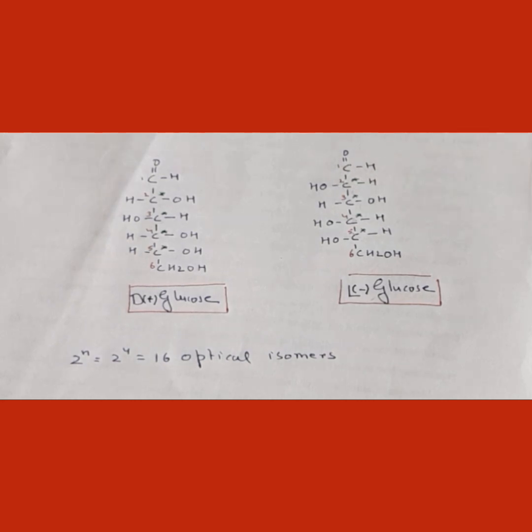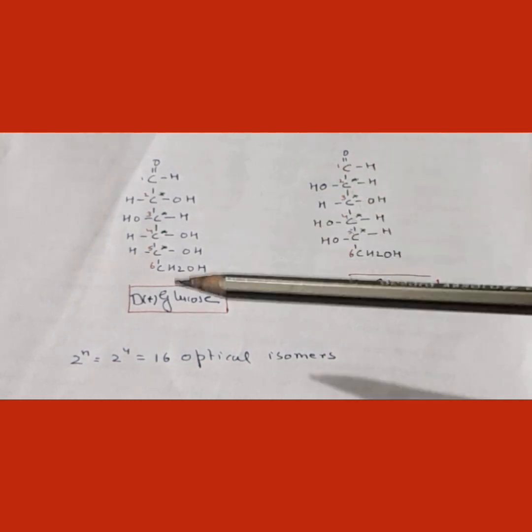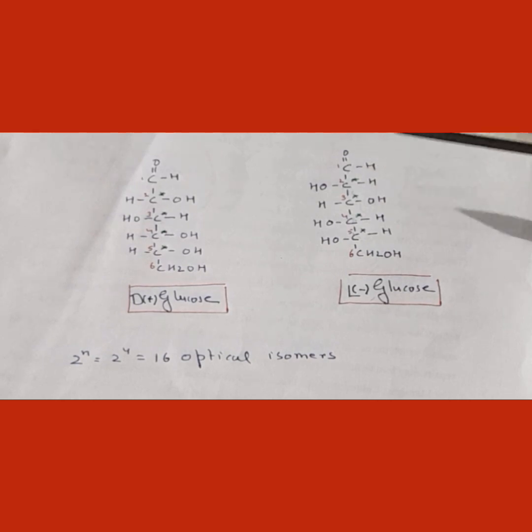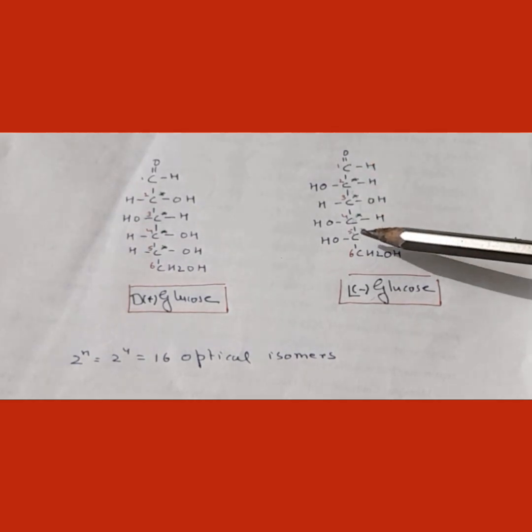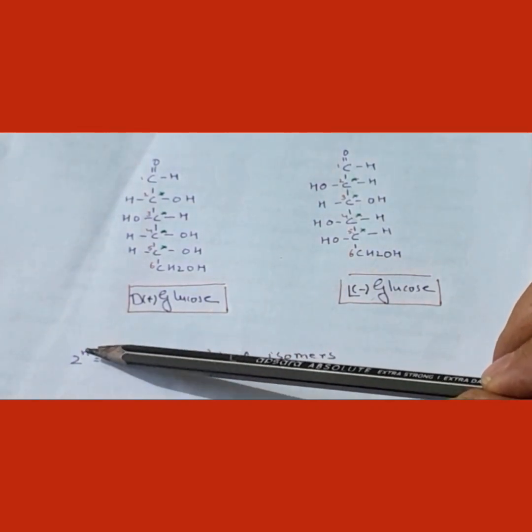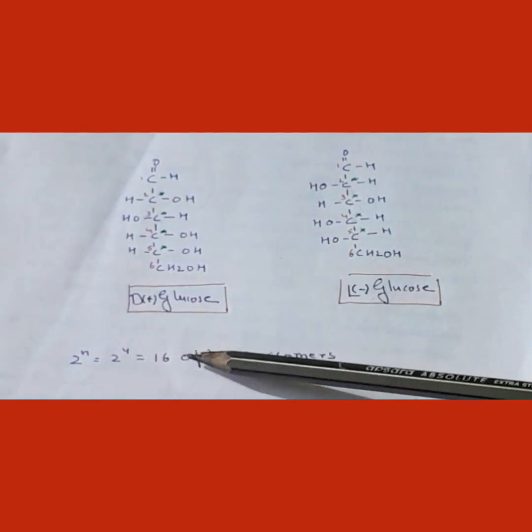Now let us understand how many isomers are possible for this monosaccharide. This monosaccharide has four chiral centers. The formula says 2 raised to n, where n is the number of chiral carbons. So 2 to the power 4 comes to 16.